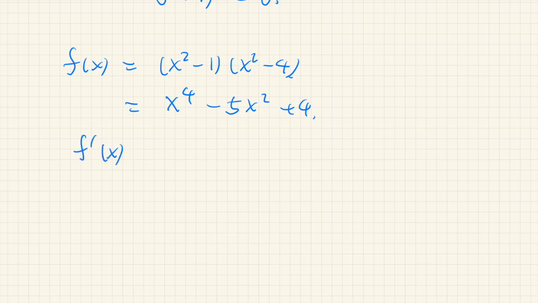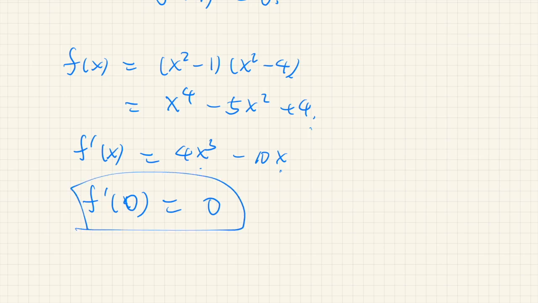First, differentiate once. We get 4x cubed minus 10x. Evaluated at x equal to 0, which is a local maximum point, this is equal to 0, obviously. So indeed, the theorem holds.